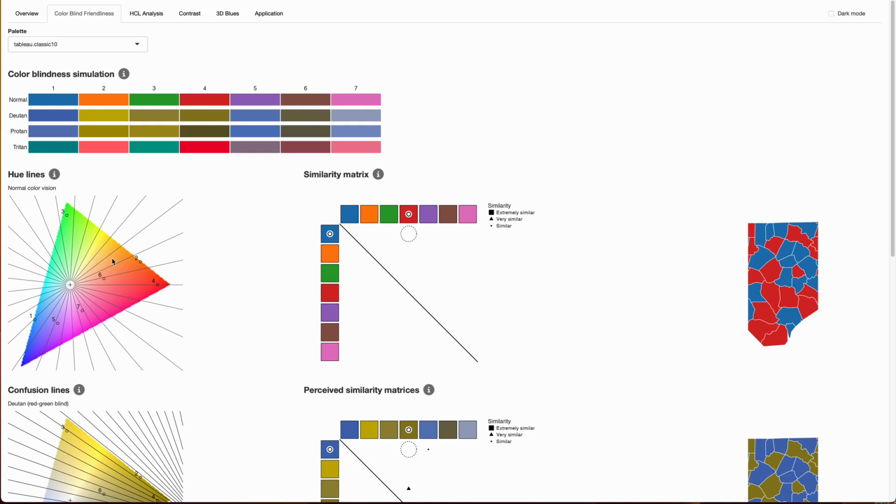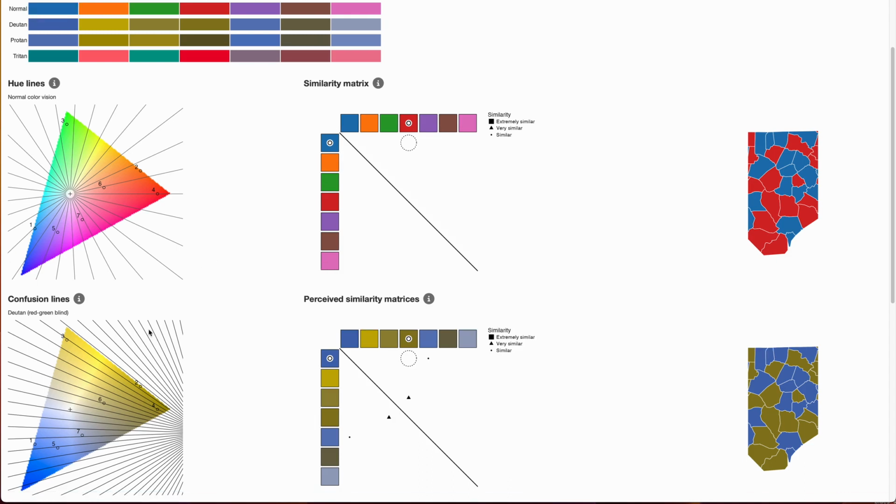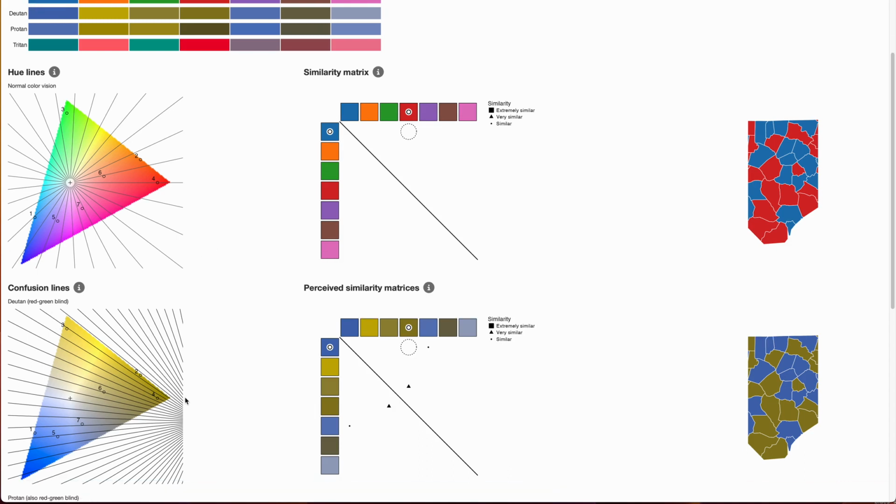However, people with color vision deficiency can't distinguish the hues as well as people with normal color vision. So these are called confusion lines. Confusion lines mean that all colors along a certain line are perceived with the same hue. So for instance, blue and red are perceived as blue and whatever you call it.